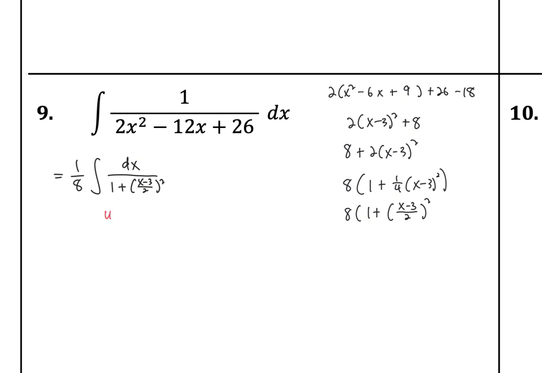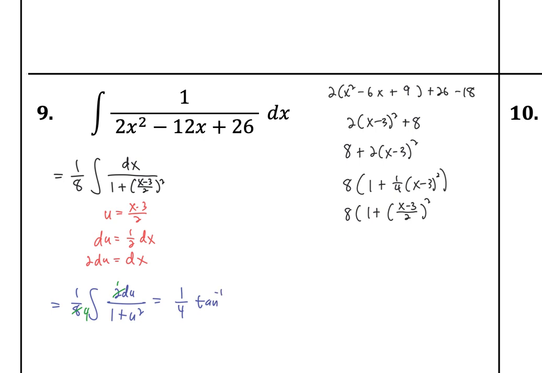Okay, if we want, we can do u sub. Okay, these cancel. And then you just get 1/4 tan inverse u.